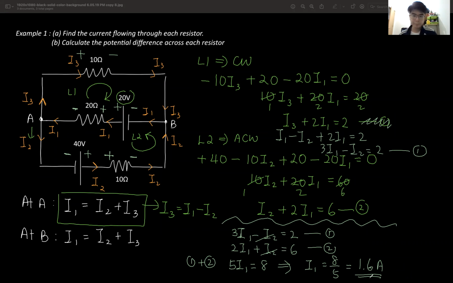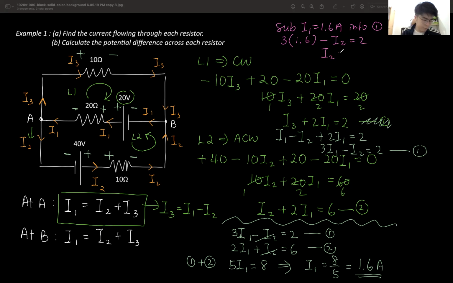Now you get I1. After you get I1, then the rest you just put in the equation. So continue up here, I1 into equation 1, 3 times 1.6, and then minus I2 equals to 2.